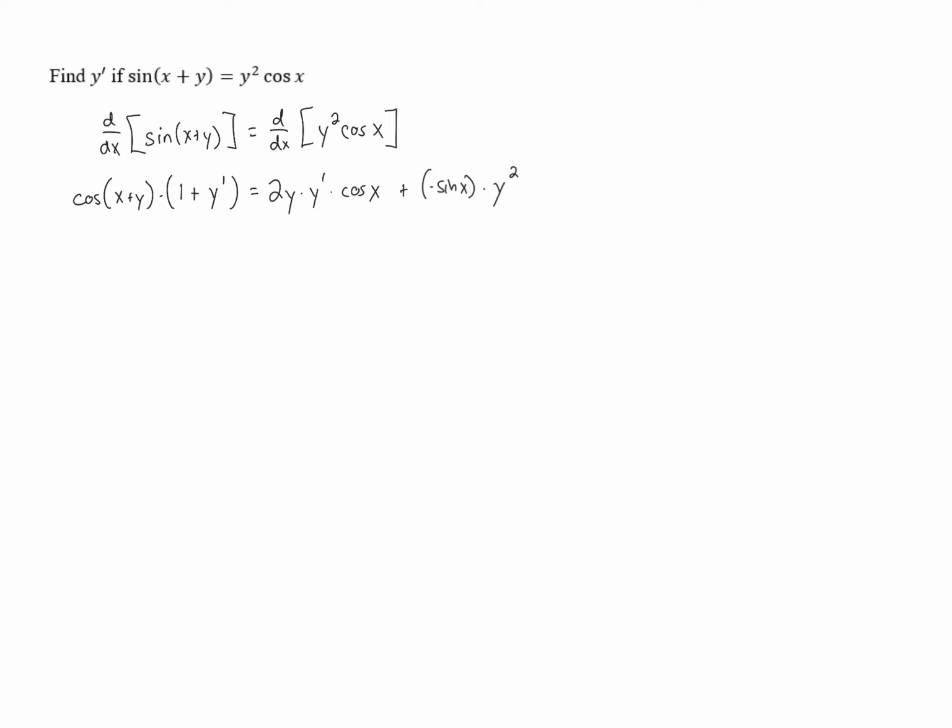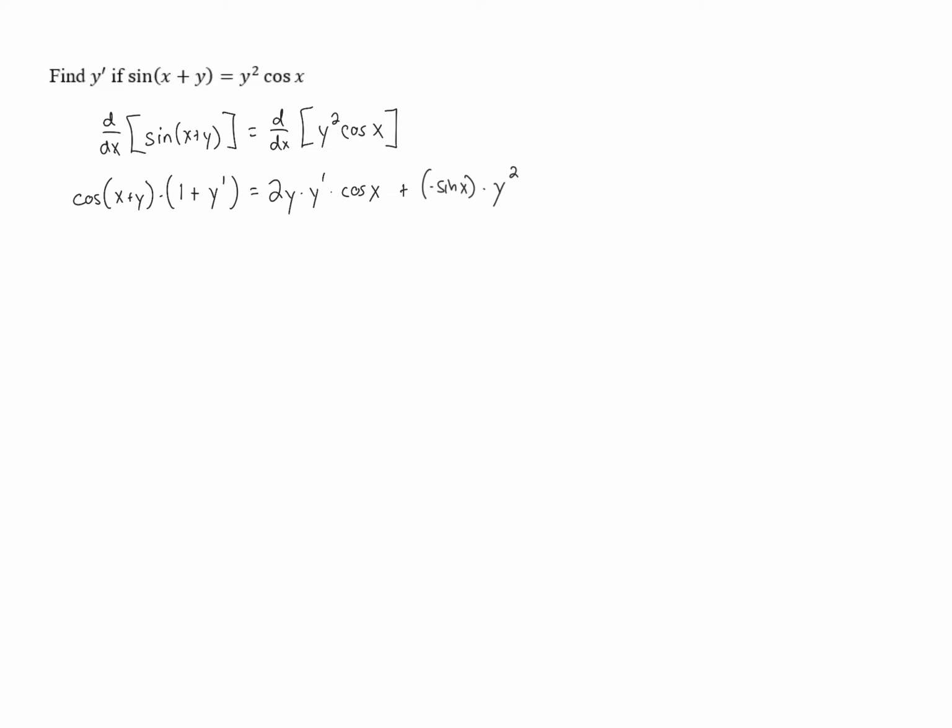So now we have done implicit differentiation, but we want to know what the derivative is, y prime, so we need to get y prime alone. And the way that we do that is get all of the terms with y prime on one side and all of the terms without it on the other. So on the left, we're going to have to distribute this cosine to the two terms in parentheses so that we can split the term with the y prime from the one without.